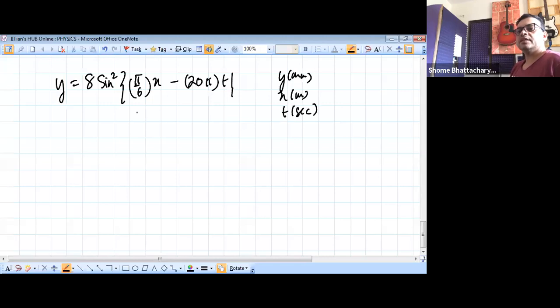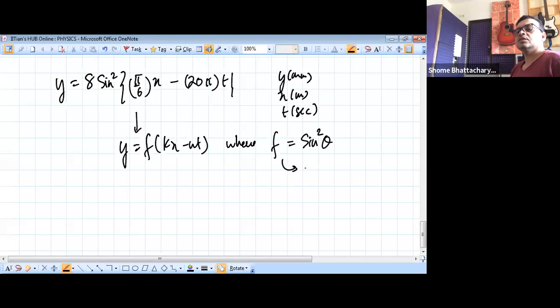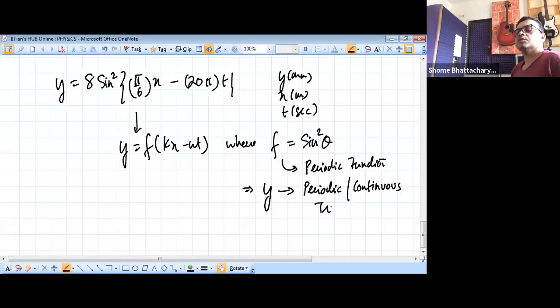So we can observe that this is a function of this type, where f is the sine square function. Okay. So it is a periodic function, which means that y represents a periodic or continuous transverse wave.